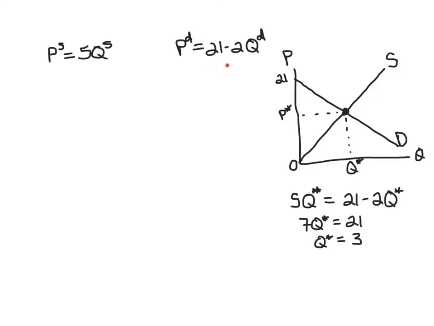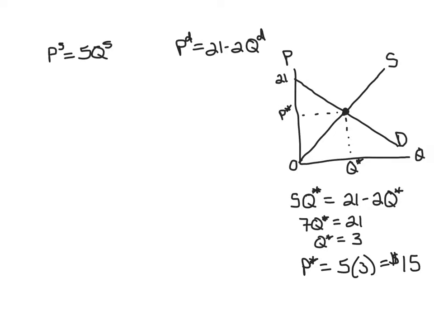The reason we can plug it into either is because by setting supply and demand equal to each other and solving for Q star, we know that the same price for both the supply and demand curve will make that Q star manifest. So let's take the supply curve just because it's a little simpler for this example. 5 times the quantity of 3 is a market clearing price of 15. All right, so that's one way to do it.